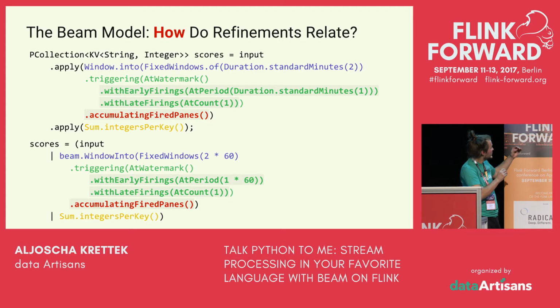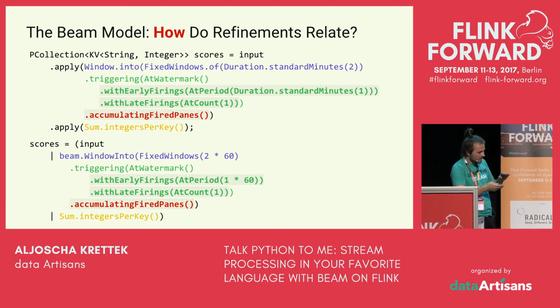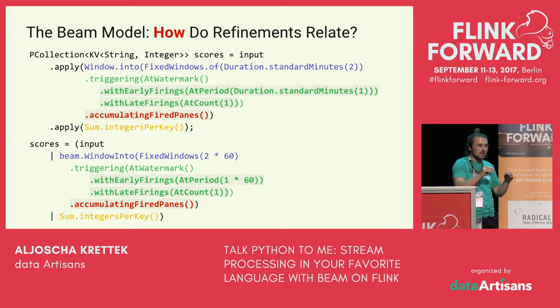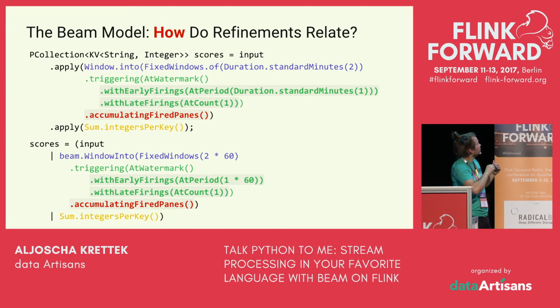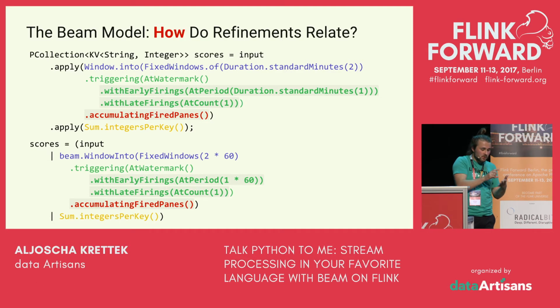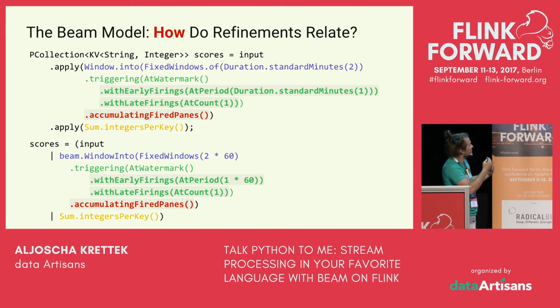Because in this case, where we had this late data, we already fired the window, so we have a result for that window, but then we got a late event coming in, and we need to specify what to do with this late event. So in this case, we specify that we want to accumulate firing panes, meaning that once the result is computed for the window, we keep that result, and in case late data comes in, we add that to the existing result and emit this as a new result.